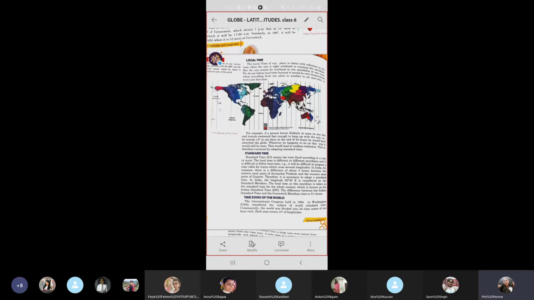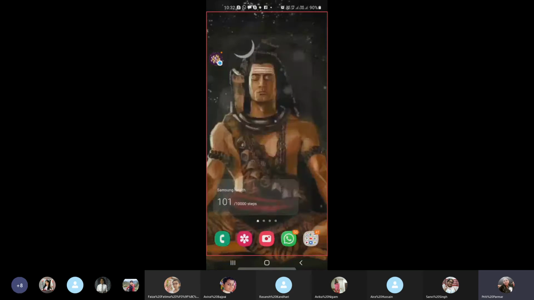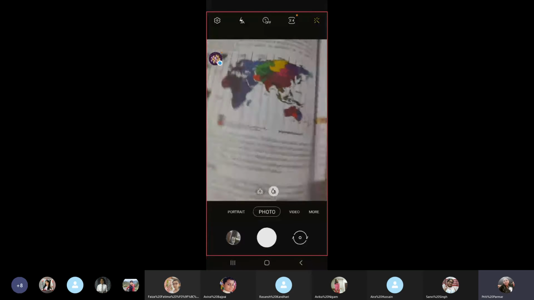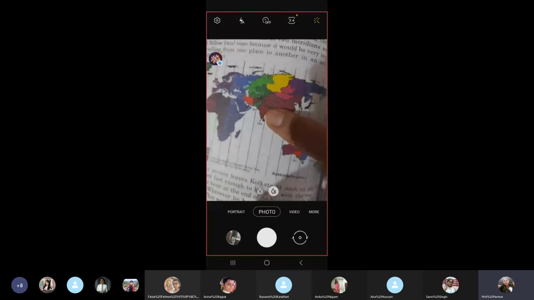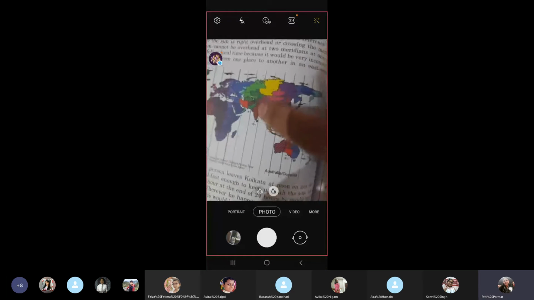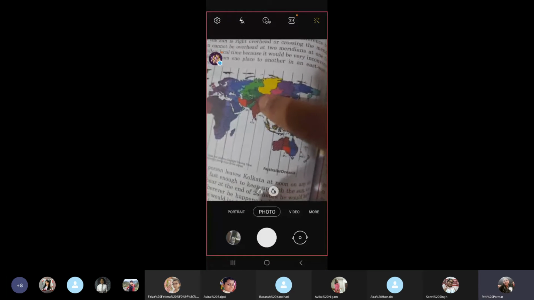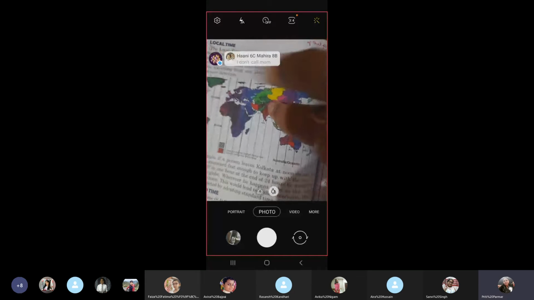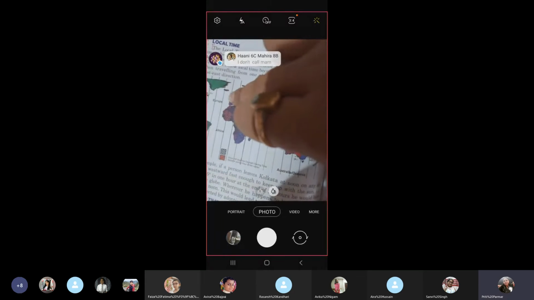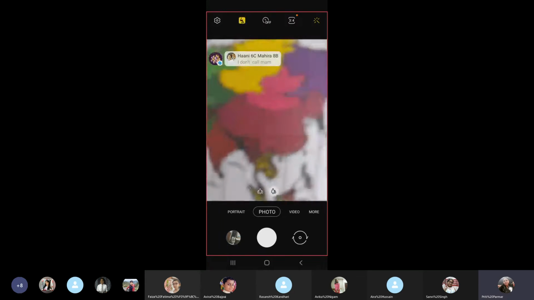Now, Indian Standard Time is different from Greenwich time. You can see here, India is here. Indian Standard Time passes somewhere through this meridian, and the Greenwich meridian is somewhere here. Can you see the difference?